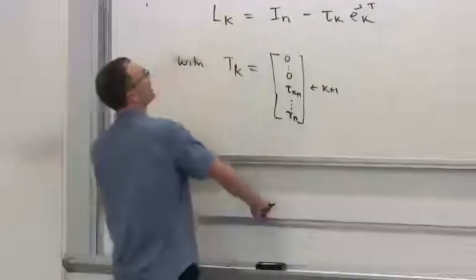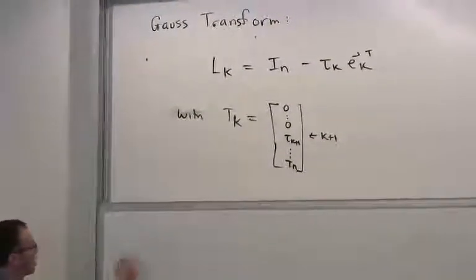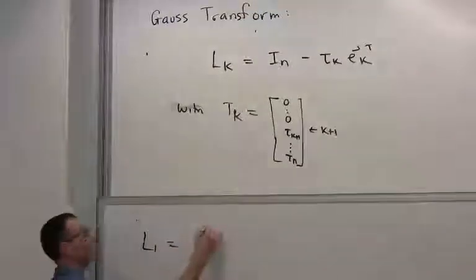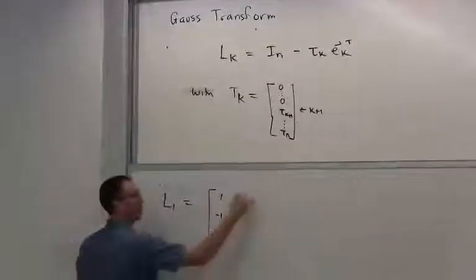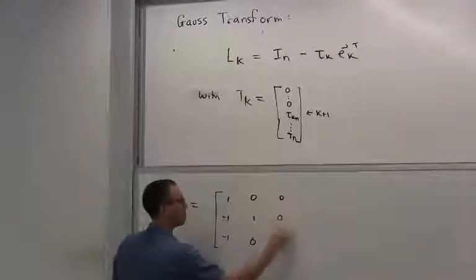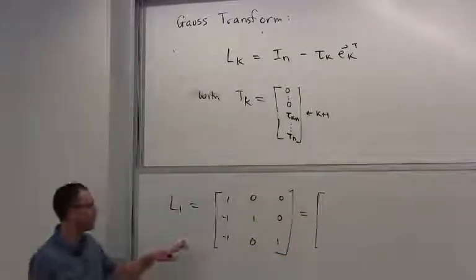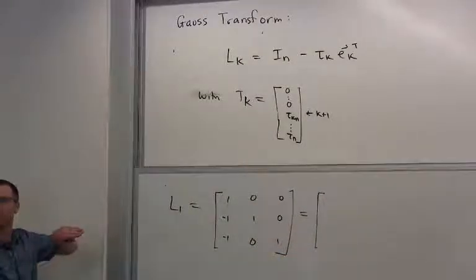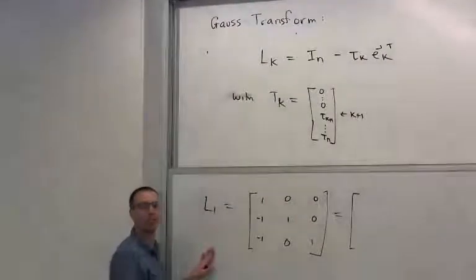And so the whole idea of this one, let's take a look at L1 here. So L1 looks something like this, right? All right. Could you break this into two different matrices? Could you break this into an identity matrix and then a matrix with non-diagonal elements?